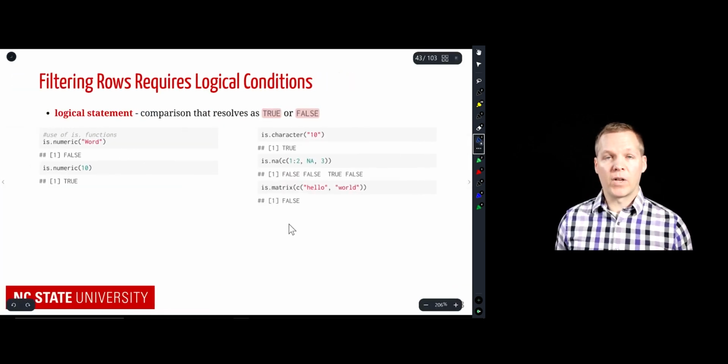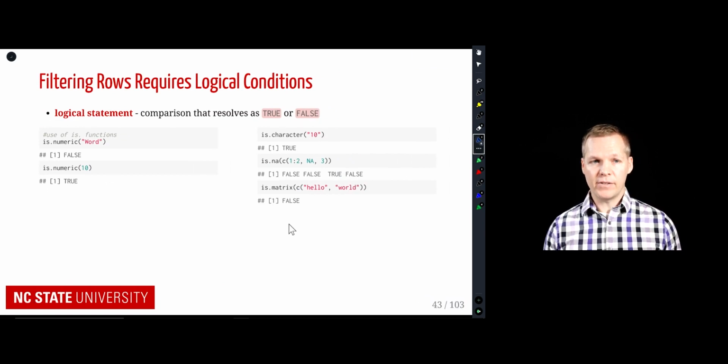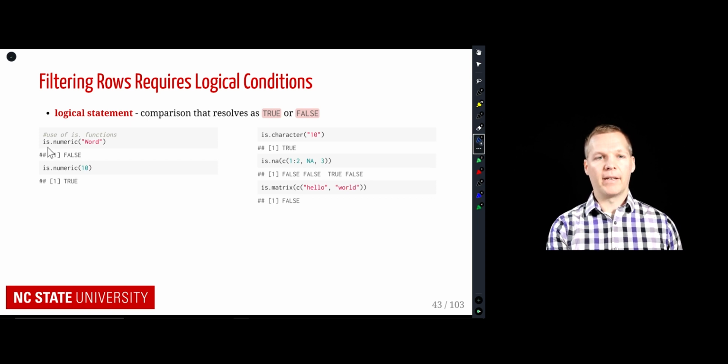And then there's a whole family of is.dot functions. And these is.dot functions are just logical comparisons for is this R object of a certain type or class, that kind of thing. And so we might say something like, is this thing numeric? So is.numeric this R object, a vector of just the character string word. And that's of course false. Is 10 numeric though?